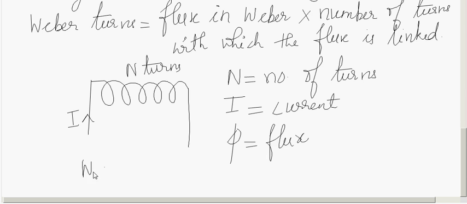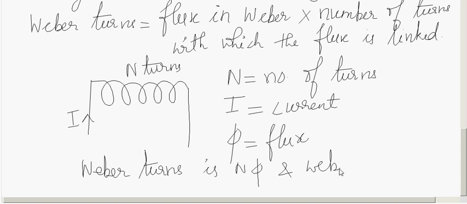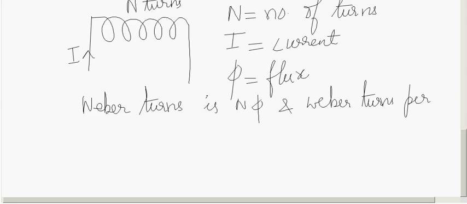In this case, Weber turns is N phi, and Weber turns per ampere is N phi by I.